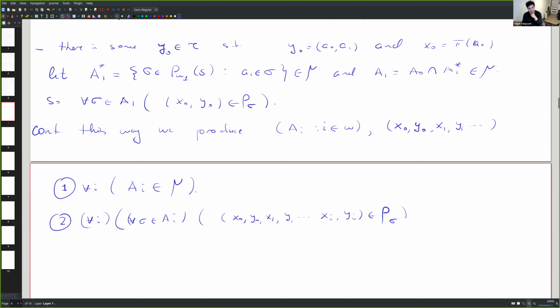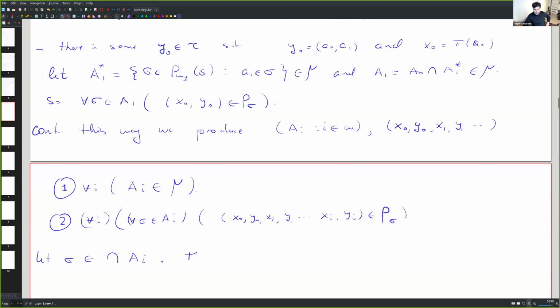Yeah, this is what you want to say, right? And now pick a sigma: let sigma be in the intersection of the Ai, then we get a contradiction, right?